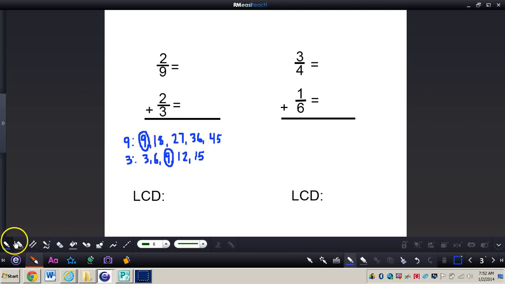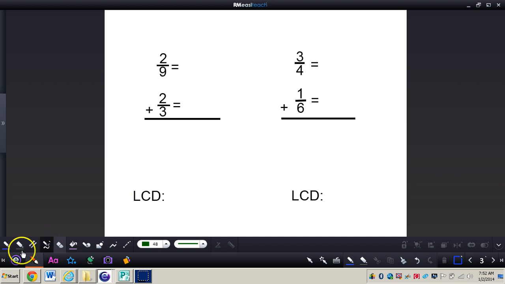Now, here's when it can get a little confusing. Since I'm not going to have to change my 9 at all, the only thing I have to do is change my 2/3. My 2/9 is actually going to stay the same. So my LCD is going to be 9. 2/3 is going to need to be changed. That means I multiplied my 3 by 3 in order to get to 9.